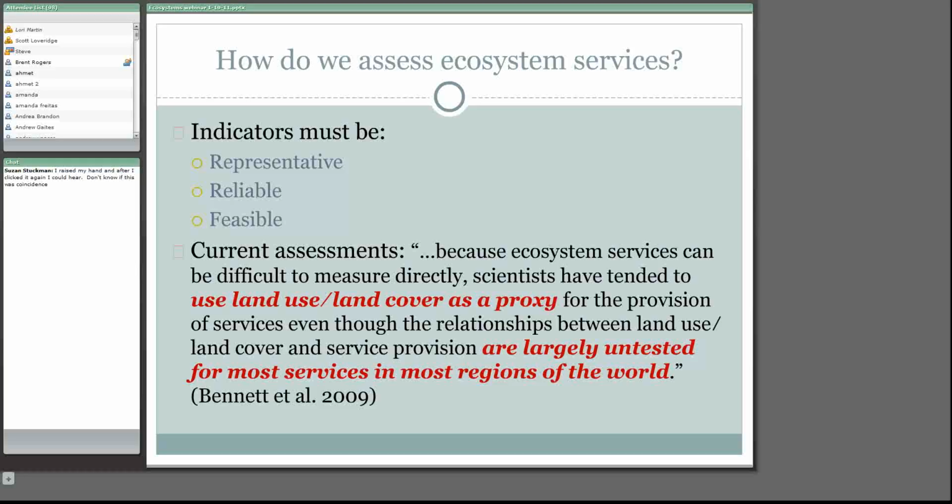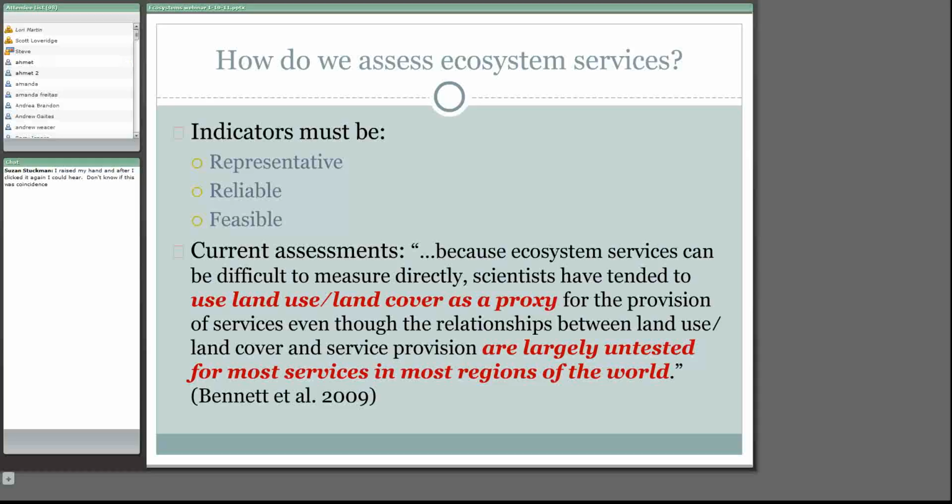So we know that services are there, but as far as assessing them, there are some challenges, and those challenges are daunting in some aspects, yet attempts are being made.